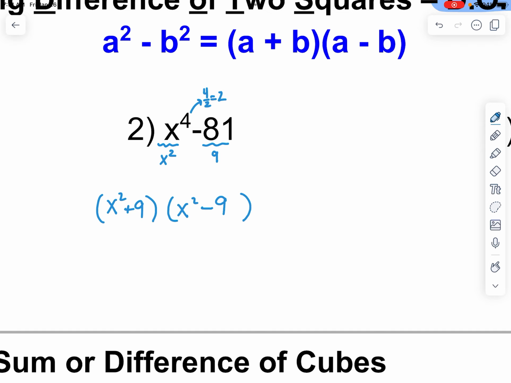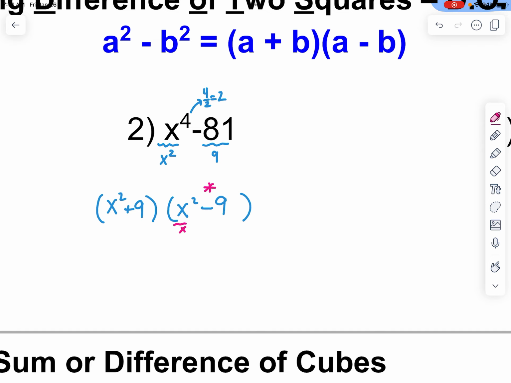Now that we have our two factors, take a second look. There's actually more that we can do because this x squared minus 9 factor is another difference of two squares, right? X squared is a perfect square, 9 is a perfect square, and they're being subtracted. So we can factor this one more.